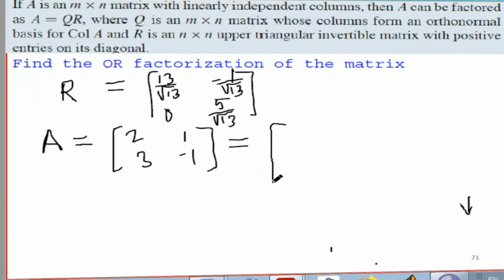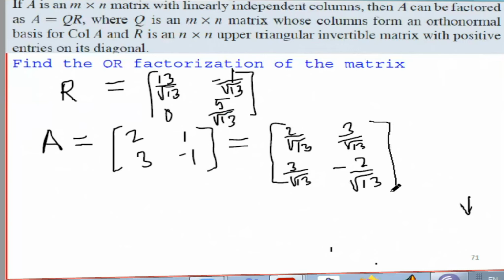One is Q, the orthonormal basis matrix, which equals [2 by root 13, 3 by root 13; 3 by root 13, minus 2 by root 13], and the other is R, the upper triangular matrix, which is [13 by root 13, minus 1 by root 13; 0, 5 by root 13]. 13 by root 13 is root 13.